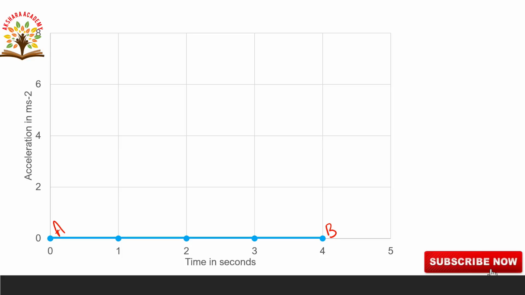This figure represents an acceleration time graph. This AB is coinciding with the time axis. From this graph, it is clear that the acceleration of the body is 0.